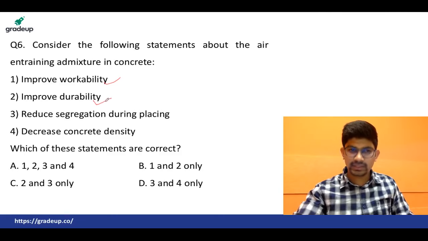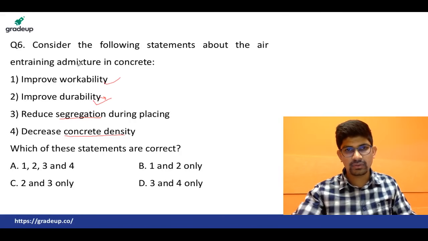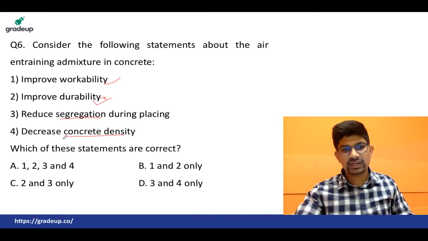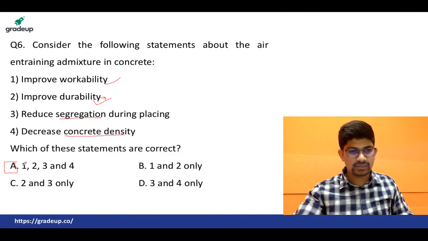Improve durability, yes, durability is action against the chemicals and foreign materials. Reduce segregation, yes, and decrease concrete density, yes, because they are introducing air, and air is weightless, so they are decreasing the concrete density as well. So correct option is A, 1, 2, 3, 4. All other options are incorrect or partially correct. So 1, 2, 3, 4 is the correct option.